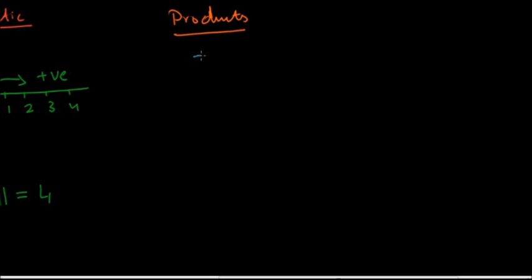So let's say you have -3 times -4. 3 times 4 is 12, but now you have these negative signs in front of the numbers. What happens is that when you have a negative multiplying with a negative, it ends up being positive. So to write it another way, a product of two negative numbers always gives you a positive.